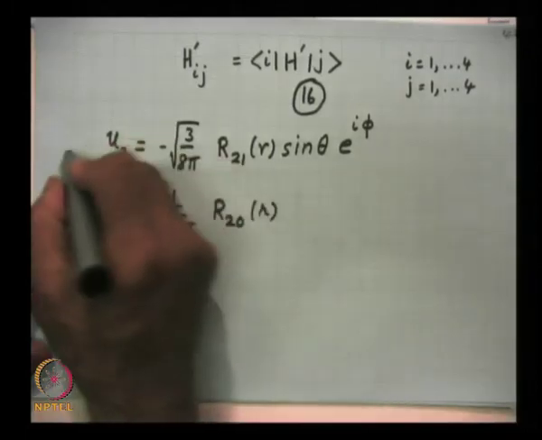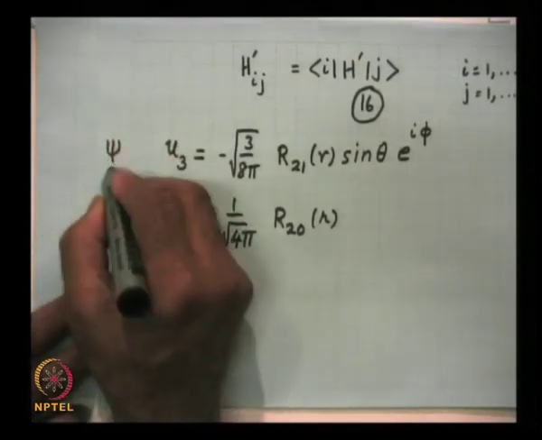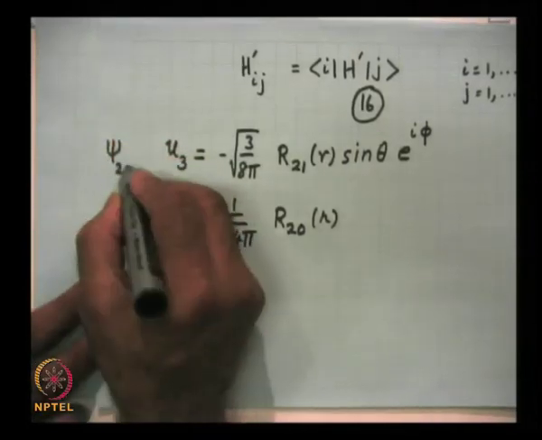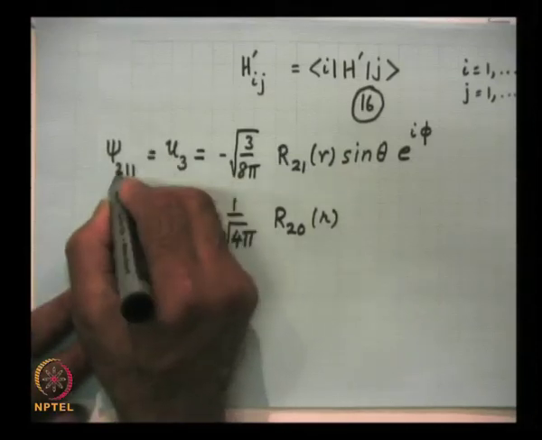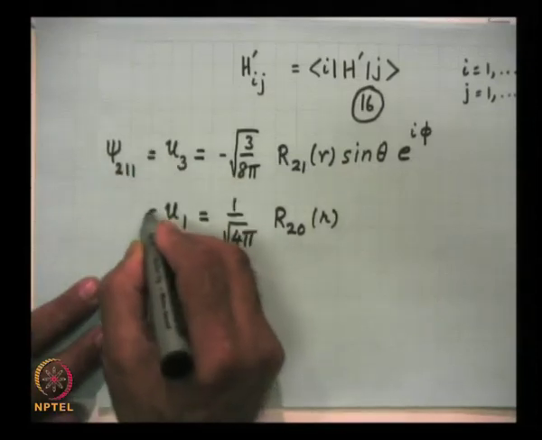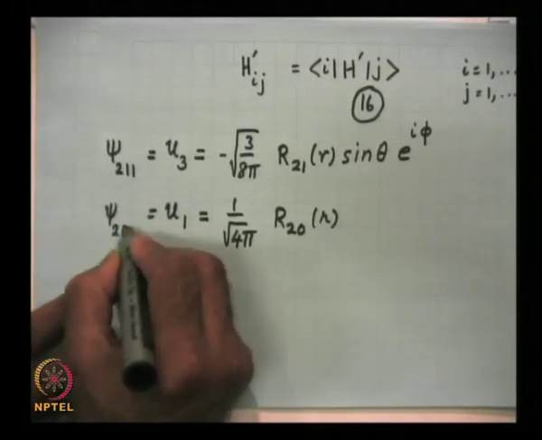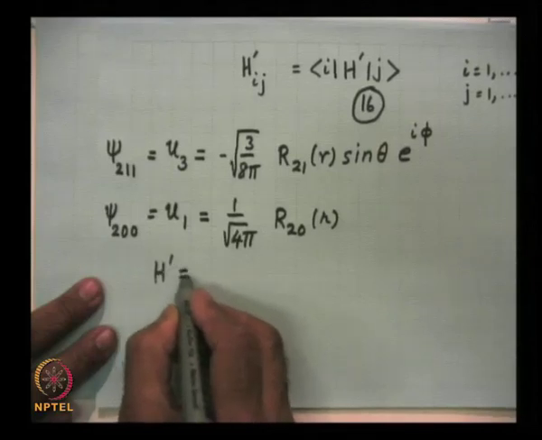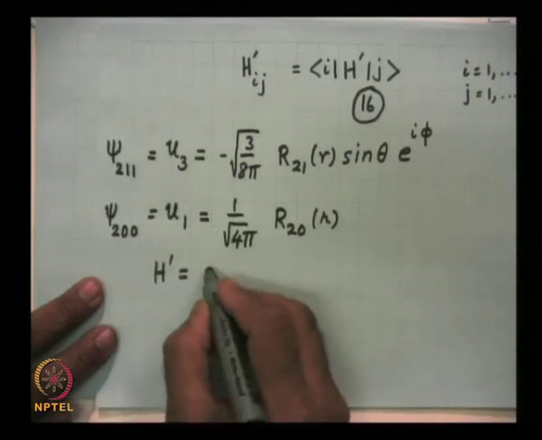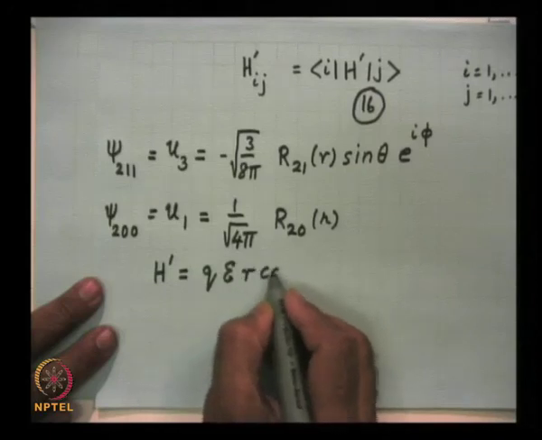This is psi 2 n l m, and this is psi 2 0 0, and my H prime is equal to q E r cos theta.